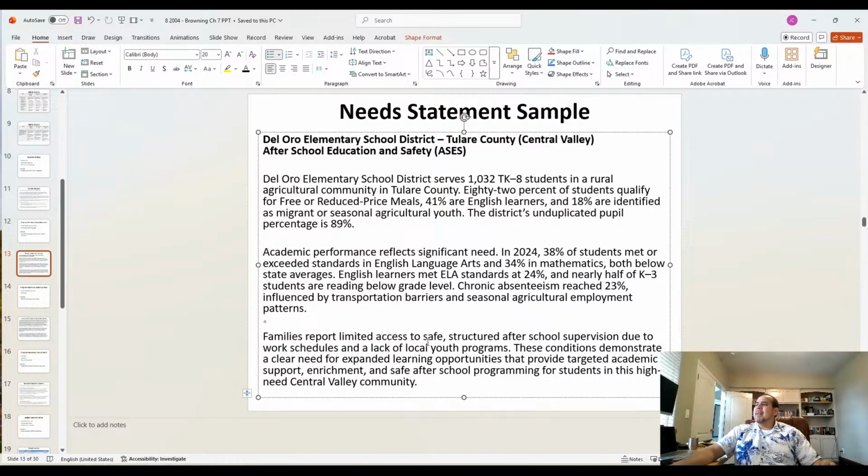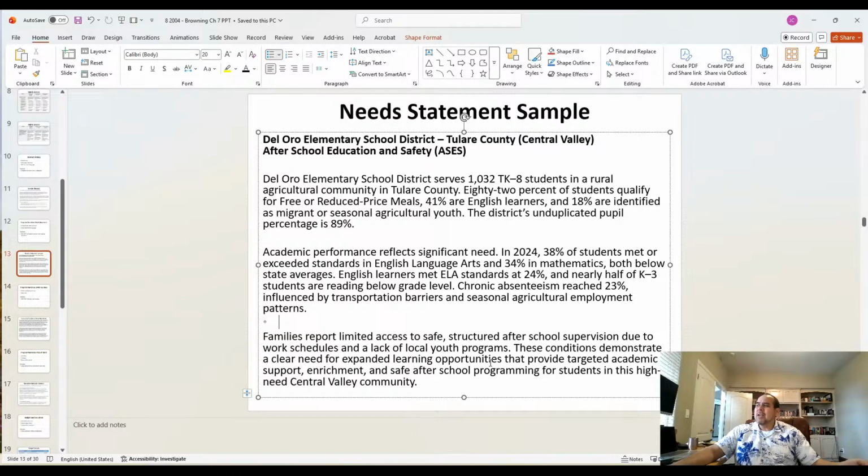Families report limited access to safe, structured after school supervision due to work schedules and a lack of youth programs. These conditions demonstrate a clear need for expanded learning opportunities that provide targeted support. Okay, so what's going on here? Families report, so they got internal data. They're surveying their families, collecting data from their families.